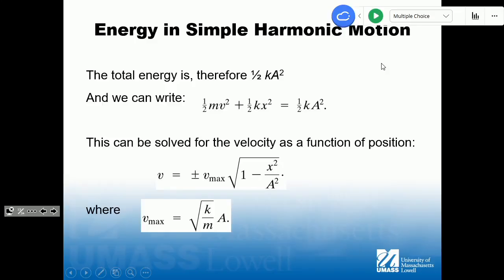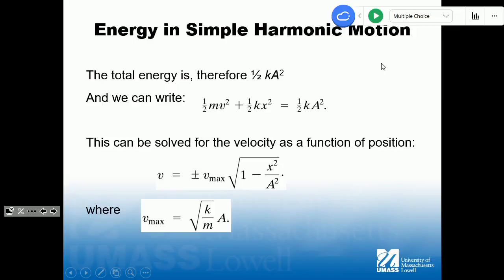Okay, so if you look at this expression, the total energy is 1/2 kA squared. The next two terms, this is at any random location in the object. It has a kinetic energy of 1/2 mv squared and a potential energy of 1/2 kx squared. Correct?